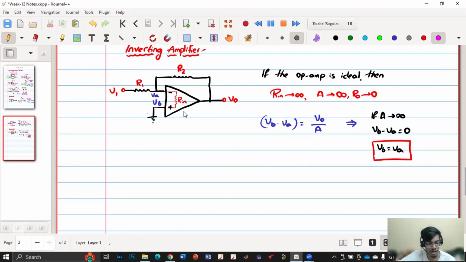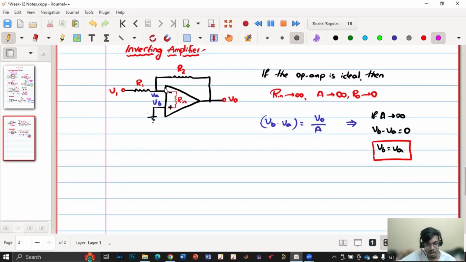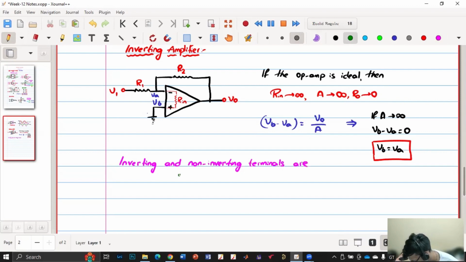So when any op amp is connected in this negative feedback fashion, then this minus and plus, so the inverting and non-inverting terminals, are virtually shorted because the gain is very high.